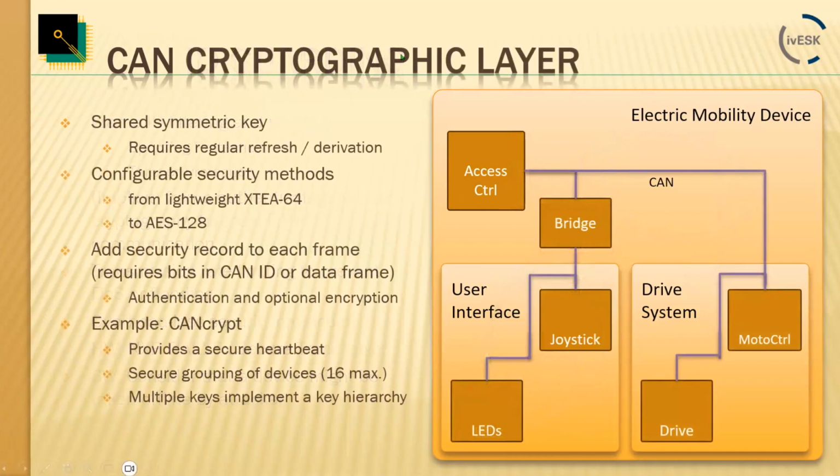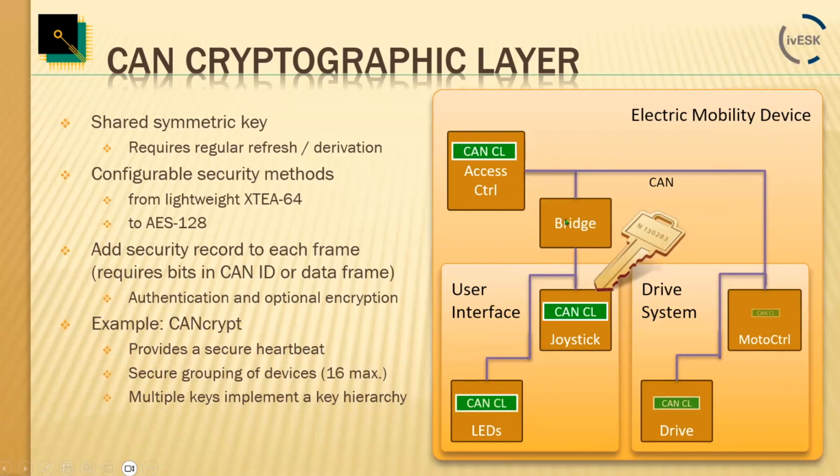Then, what can be done on the next level up is a CAN cryptographic layer. The CAN cryptographic layer means that we have these pre-shared keys, and depending on the security method, there will be some authentication, some encryption, and these security layers share a common key, and we have the cryptographic layer built into those devices that participate.